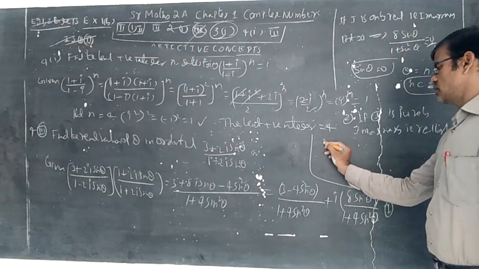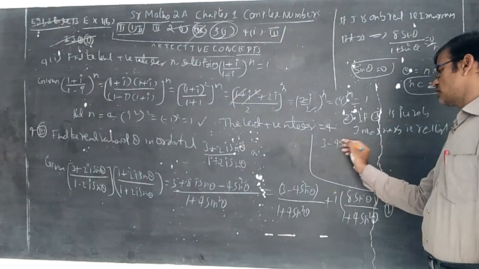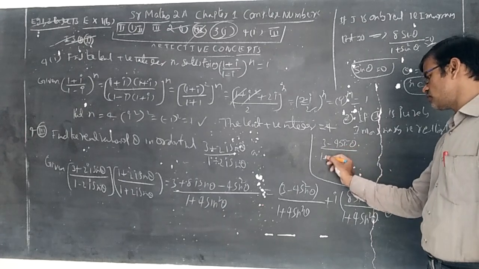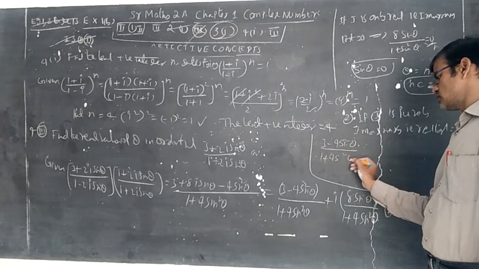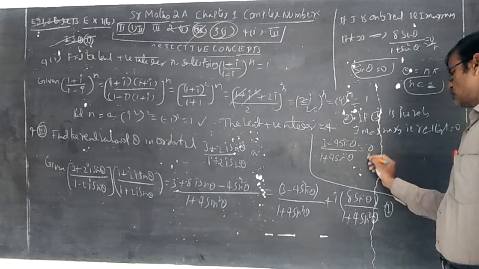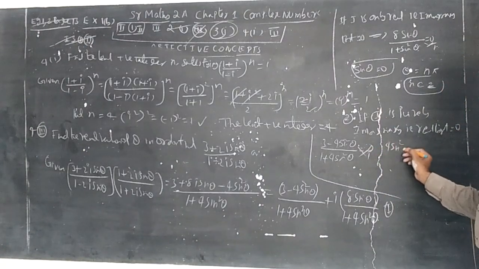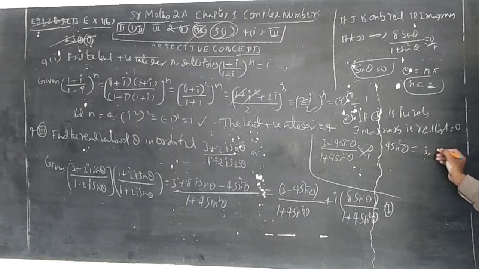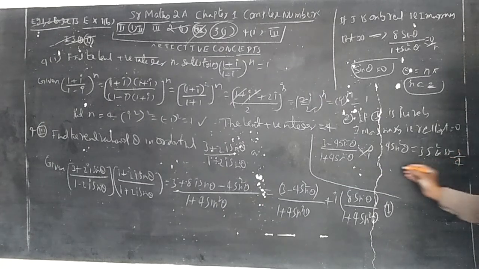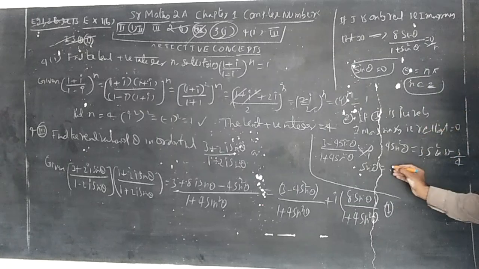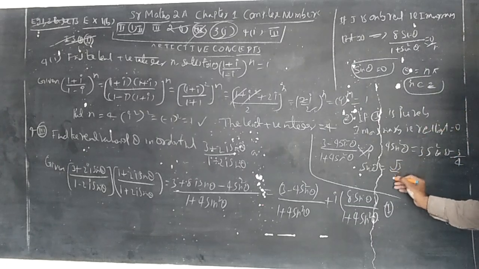Equate the real part. Now you can write (3 minus 4 sin square theta) by (1 plus 4 sin square theta) equal to 0. By cross multiplication, 4 sin square theta equal to 3. Sin square theta equal to 3 by 4, and sin theta is equal to root 3 by 2 whole square.